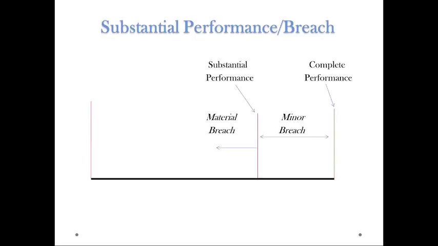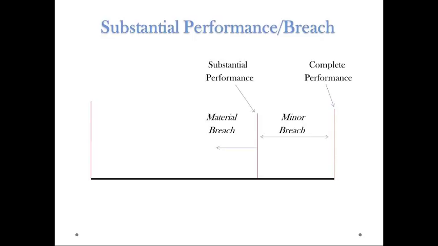And this is the key: the non-breaching party cannot get out of the contract. The non-breaching party is still legally obligated to continue its own performance. Now, it would be entitled to recover damages, money, for anything it sustained out of pocket as a result of the breach. That's a different issue. But it still must continue its own performance.